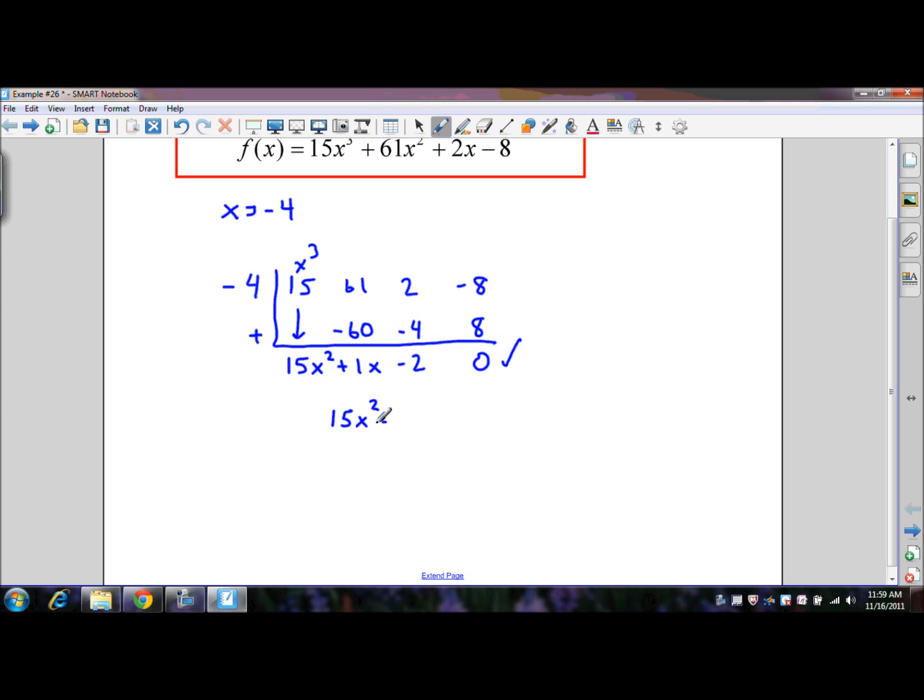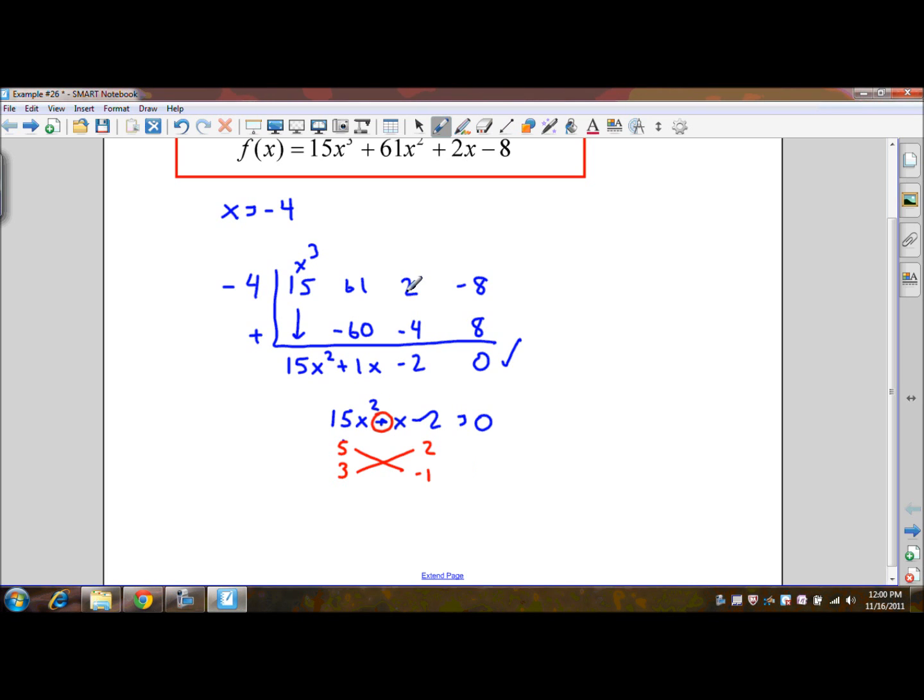Now I need to take that quadratic, and just like we did in the first tutorial there, I'm going to set that equal to 0 and use a technique. Factor it. Use the quadratic formula, whatever you want to go with. I'm going to try to factor it again. So I want to think of my factors of 15 and my factors of -2. So I'm going to start with 5 and 3. Again, this is technically considered guess and check.